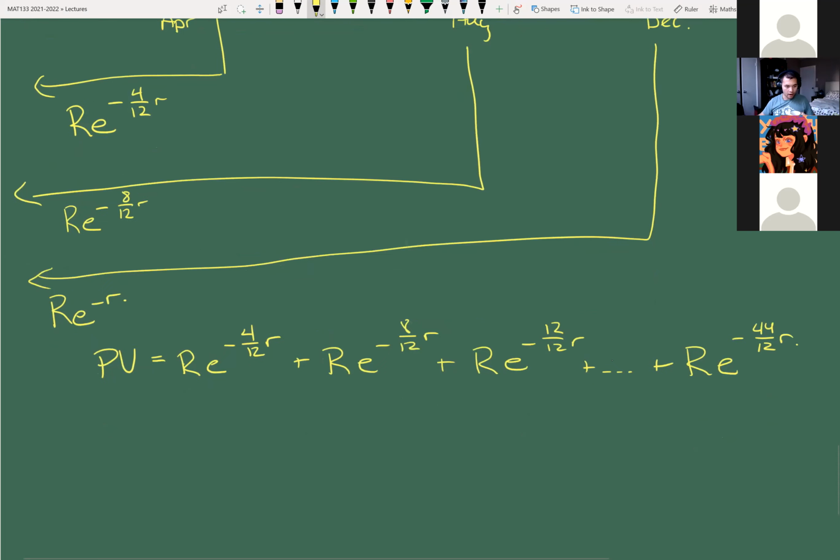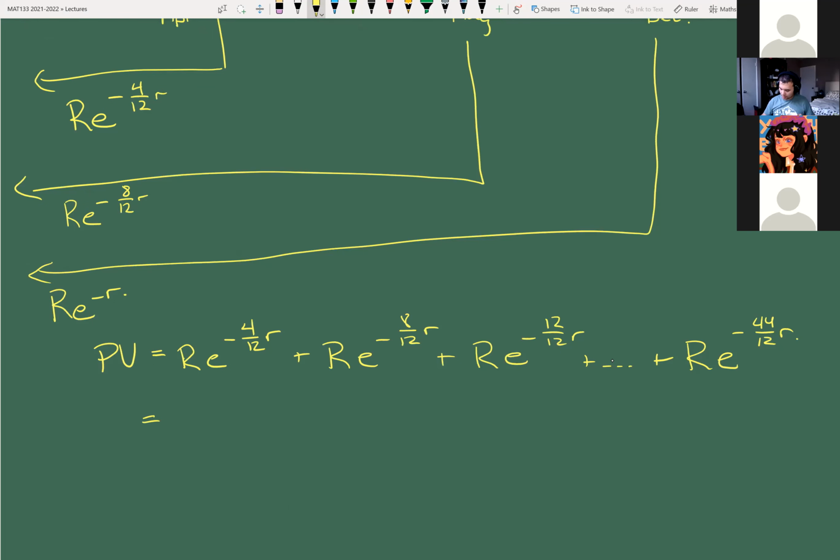So now, let's write this in sigma notation. What's the common ratio? Exactly, negative 4/12.